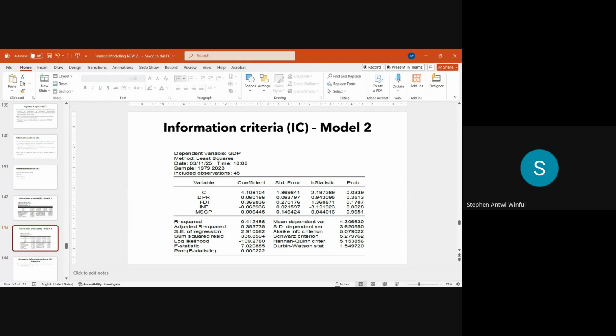The figures now, please. Do you have the figures now? Yes, the R squared figures are there and the Akaike, Schwarz. I want your comments comparing model 1 and model 2 based on the R squared. Which of these models is preferable?